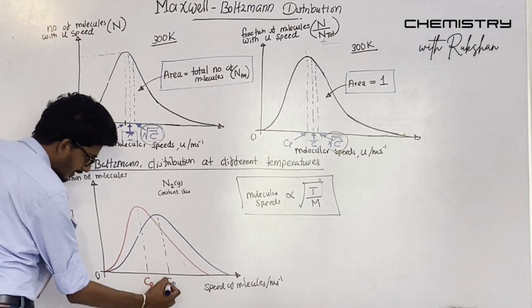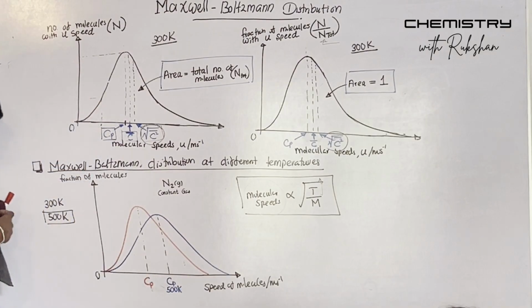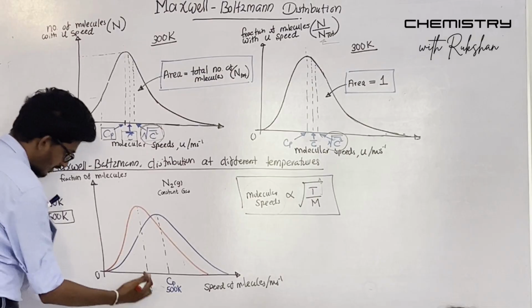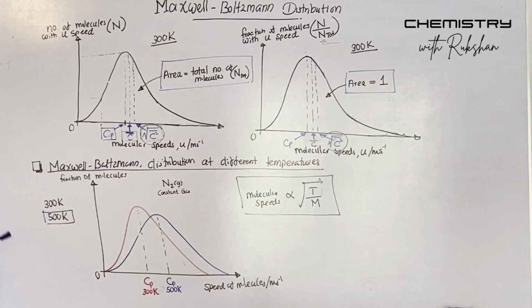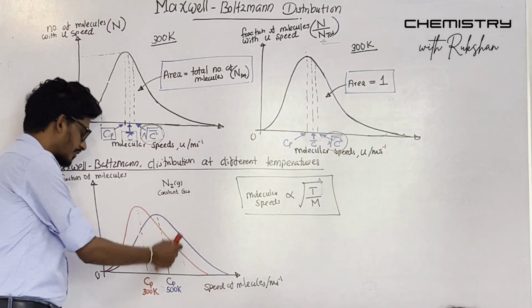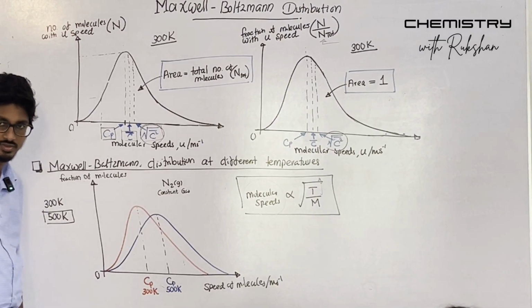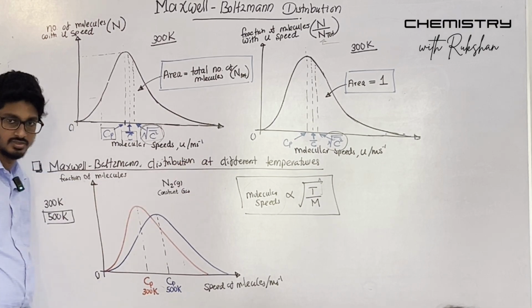So this should be the C peak for the 500 Kelvin, and this should be the C peak for the 300 Kelvin. With that, you can say the blue colored graph is with a higher temperature. That is one way of coming up with the correct answer, just applying this equation.